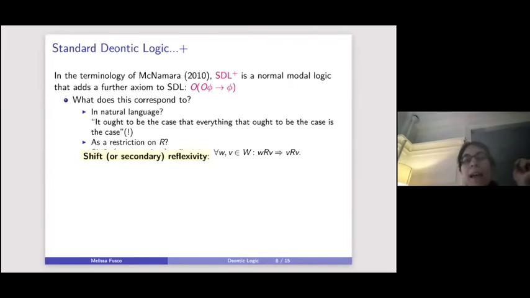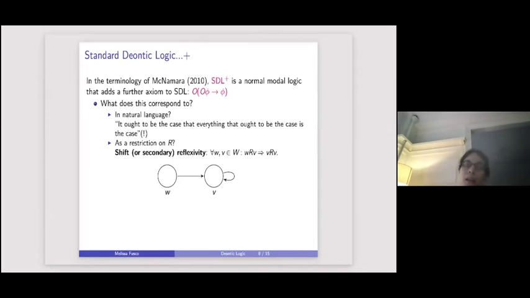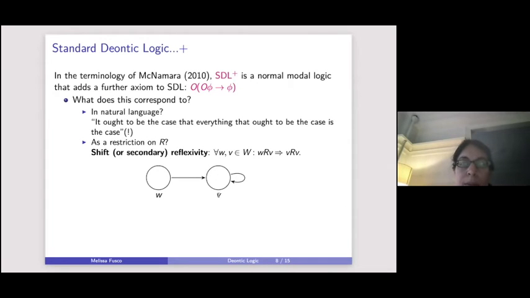So that is, in a sense, a secondary reflexivity, because if you step over one step along the R relation from W to V, to some world V that's in the image of the R relation, then V steps to itself. It's in that sense reflexive one step over. So here's a little picture. If W can see V via the R relation, then V can see itself.